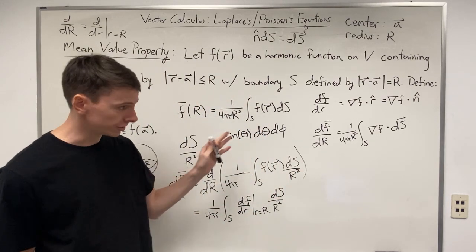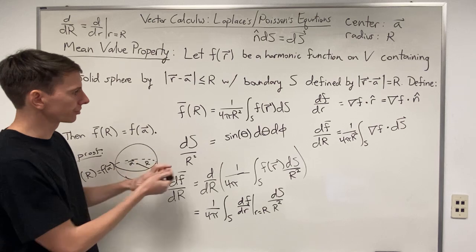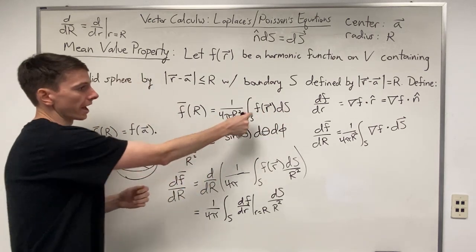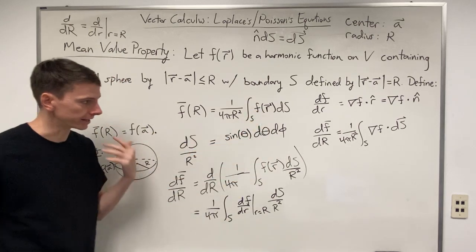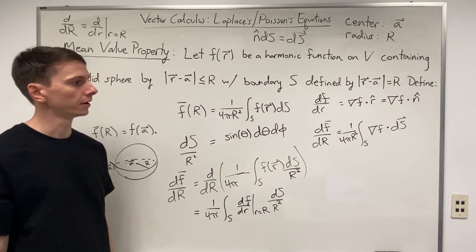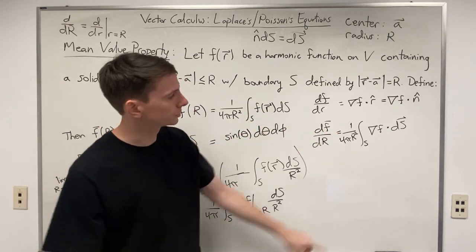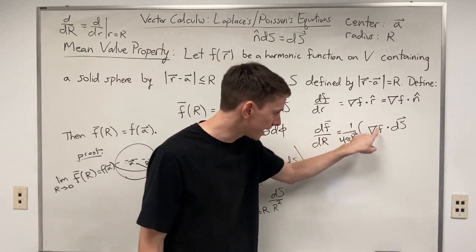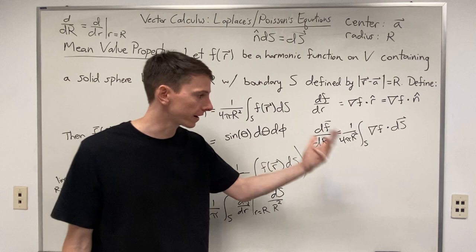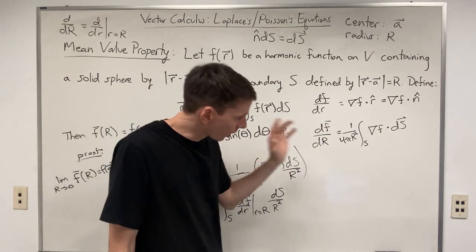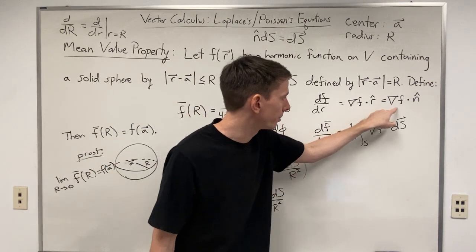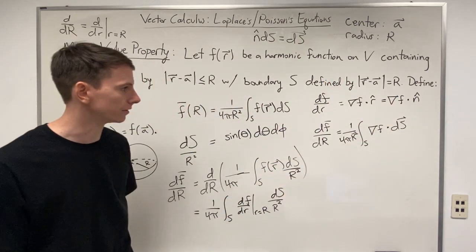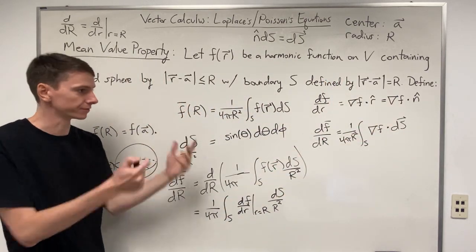And now at this point, that subtle thing that we were saying over here, we said this was not the flux, because f of r, the harmonic function, is inherently a scalar function. Well, now let's look at what we have, right? Because we have a scalar function, but we're taking the gradient of it. And when a gradient acts on a scalar function, we get a vector function. And what we're doing is we're taking the normal component of this vector function and adding it up over the surface of some volume, and it's a closed surface.